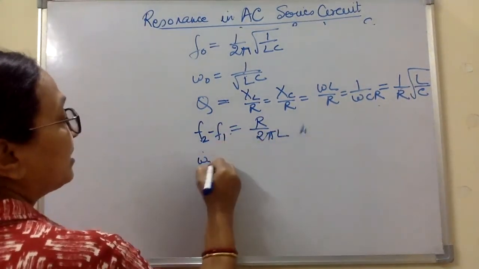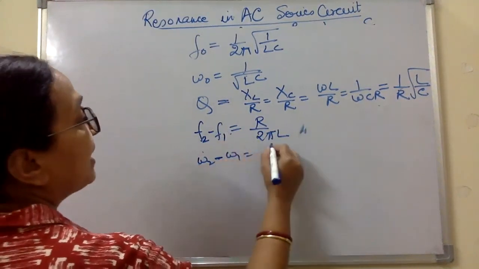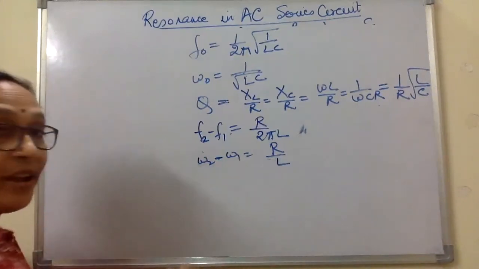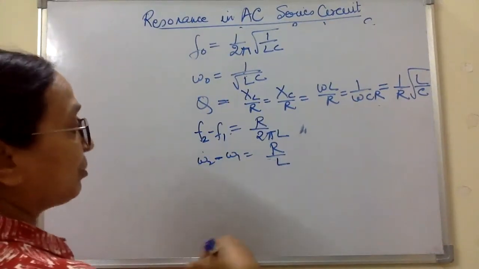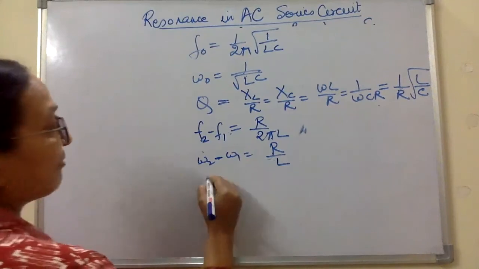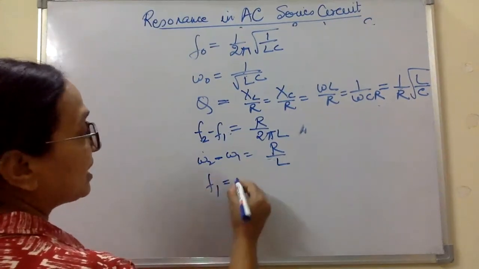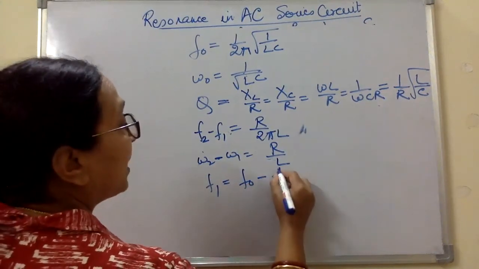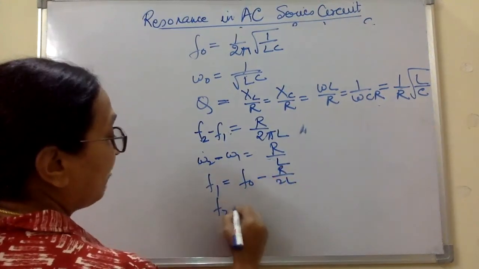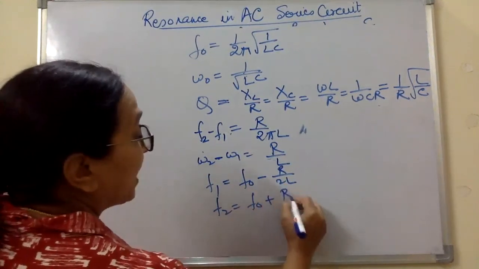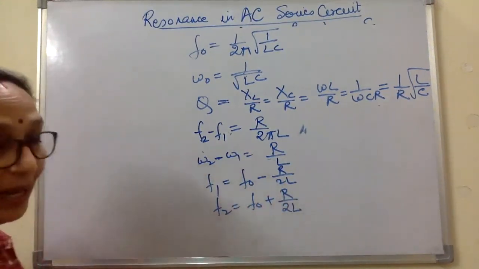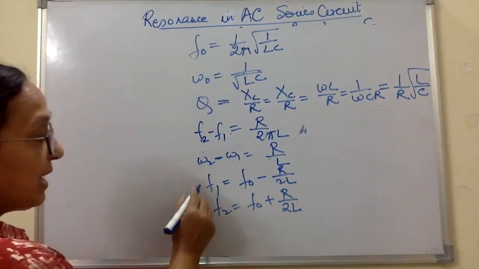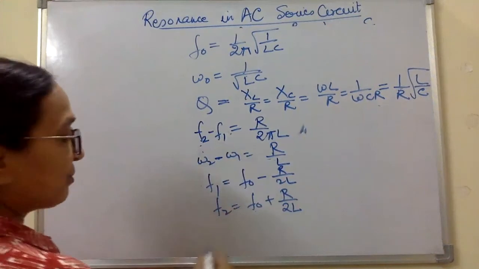In terms of radian frequency, it will be given as R by L. Or if you want to calculate the lower half power frequency and the upper half power frequency, F1 is equal to F0 minus R by 4 pi L, and F2 is equal to F0 plus R by 4 pi L. Then one more relationship we tried to derive between the bandwidth and the resonant frequency.